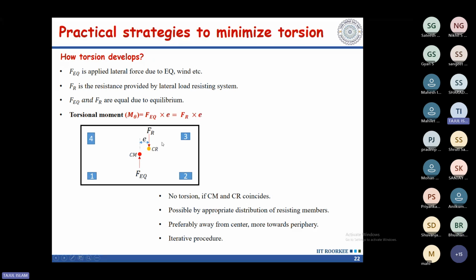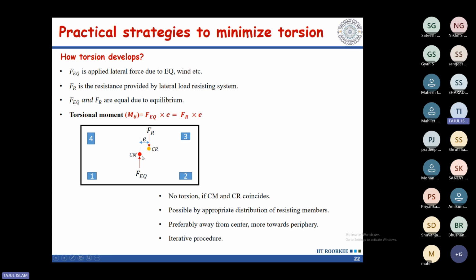That means your resisting member will provide the resistance equal to applied force. So both the forces will be equal. Now two equal forces are applied in opposite direction with some lever arm. This eccentricity now you can say is the lever arm. Okay, so what will happen?